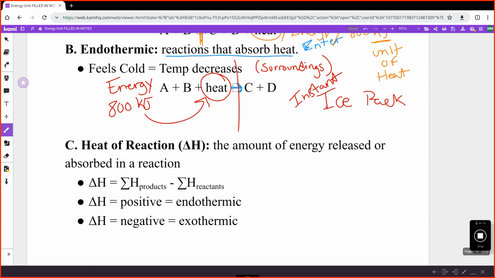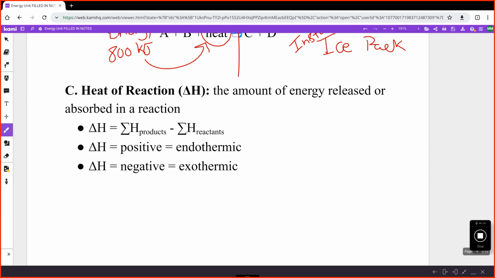There's a new term that comes along with this, and that is the heat of reaction, which we represent as delta H. Delta meaning change, H being the letter representing the heat of reaction. This is going to give us a value, a standalone number, so that we can know if something is exothermic or endothermic.